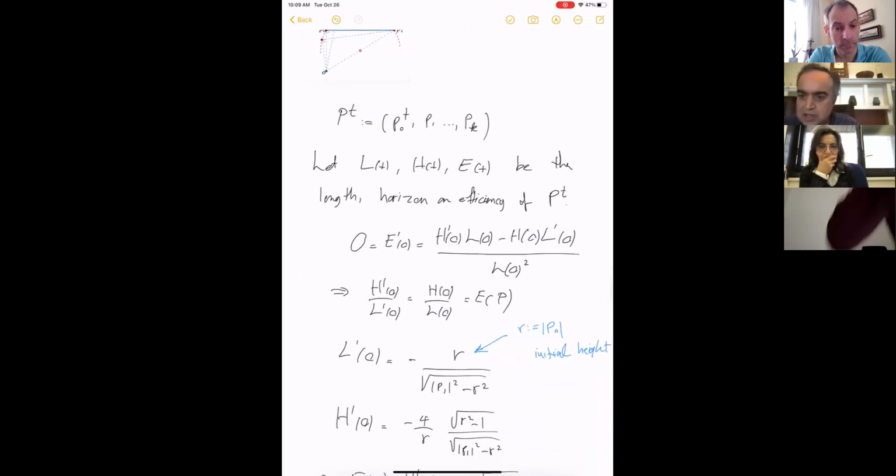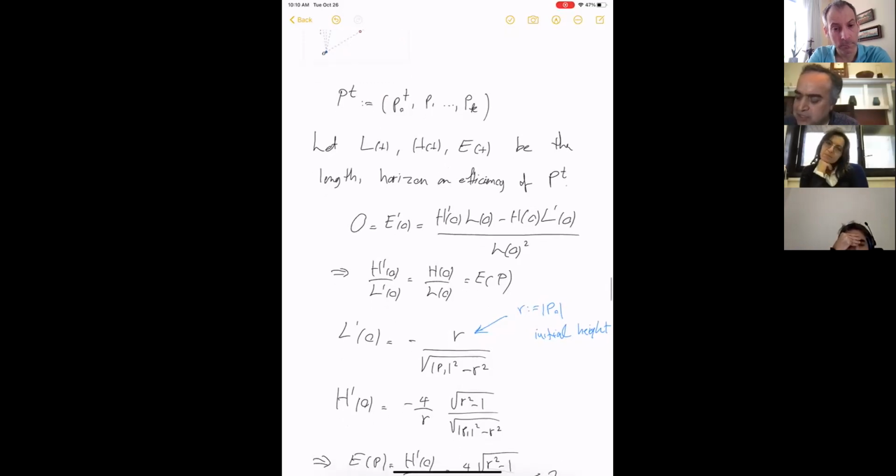So I obtain this relationship: H prime of 0 divided by L prime of 0 is exactly the same as H0 divided by L0, which is the efficiency of P. So the efficiency of my polygonal curve is just the rate of change at 0 of the horizon divided by the rate of change of the length.